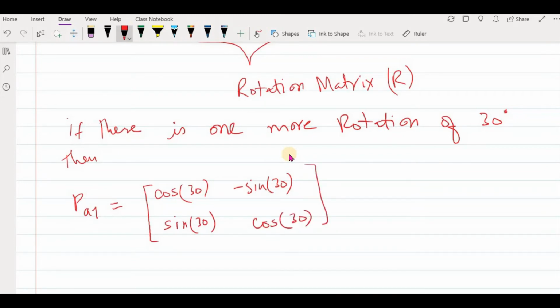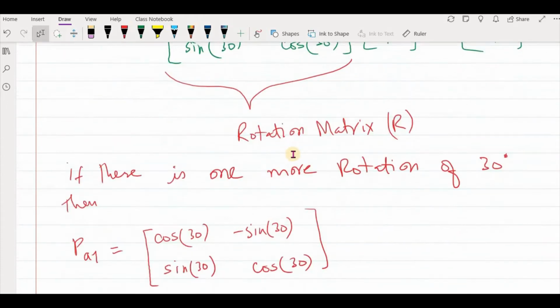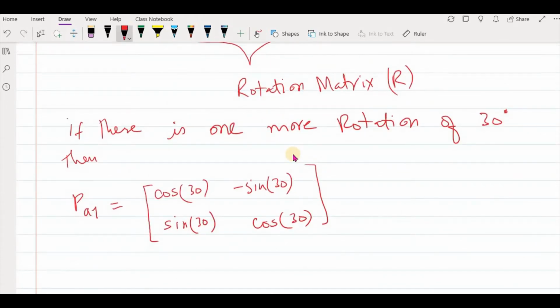And you have to multiply it with the PA, which is equal to 1 over 2 and root 3 by 2. Okay, and this will be equal to 0, 1.